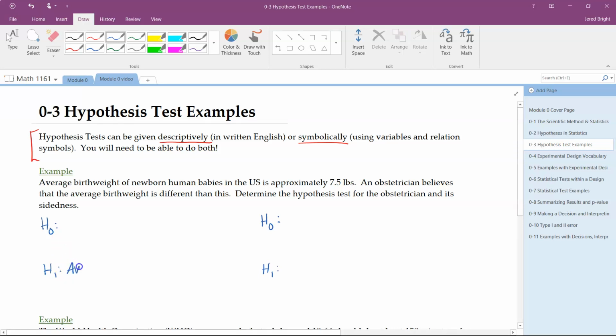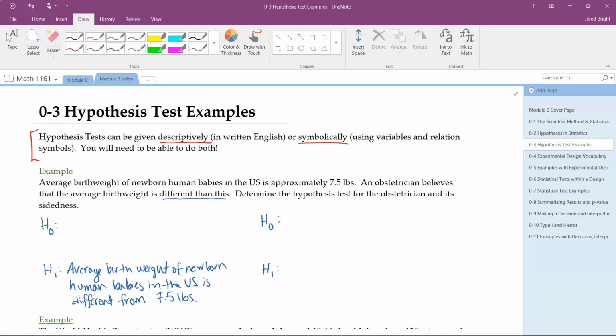The new idea is that the average birth weight of newborn human babies in the US is different from 7.5 pounds.